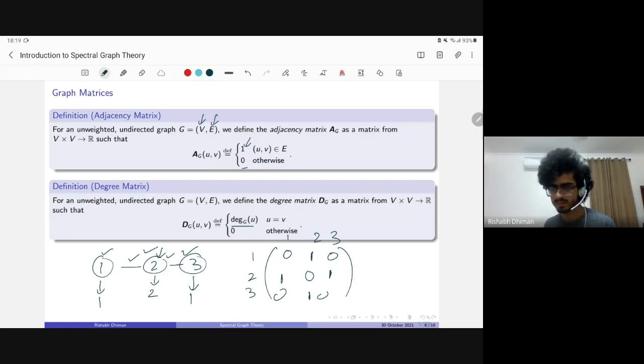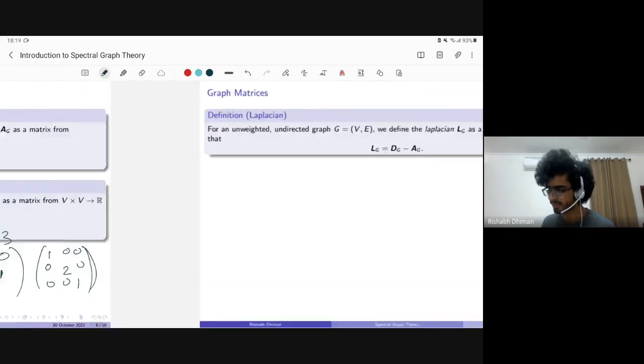You define the degree matrix to be these degree values on the diagonal. So 1, 2, 1, and everything else is 0. That's how we define the adjacency and degree matrices, and we'll use them later on.